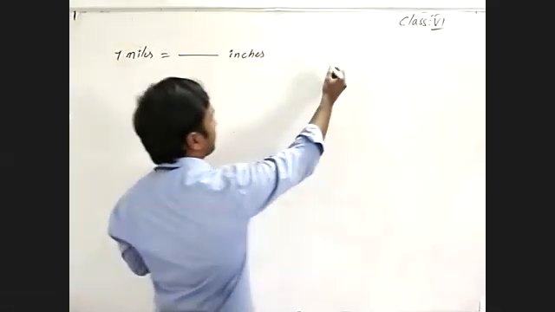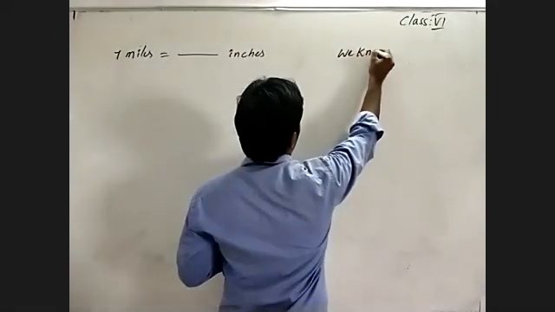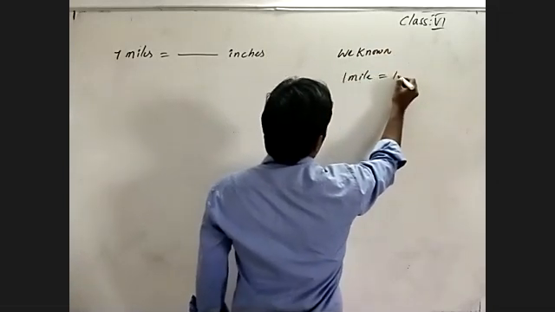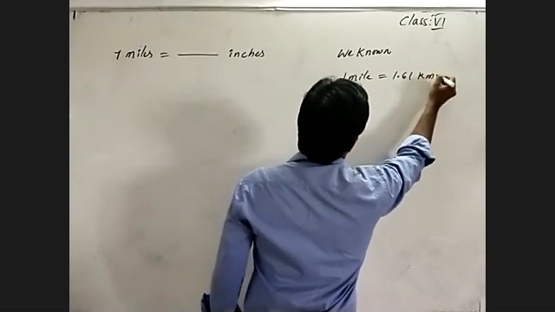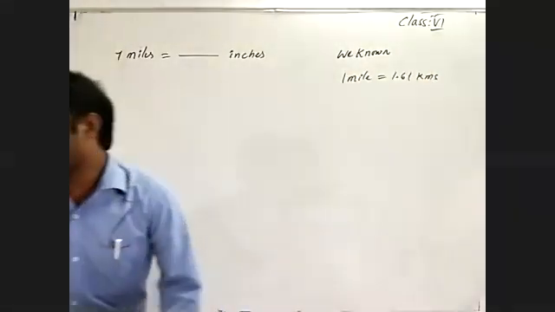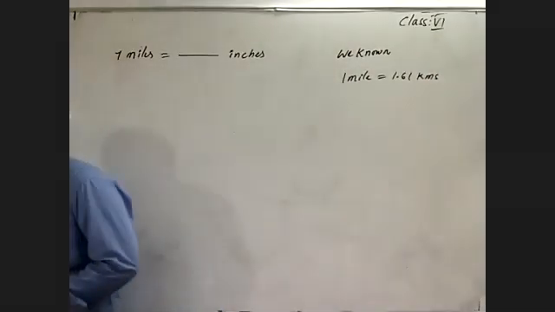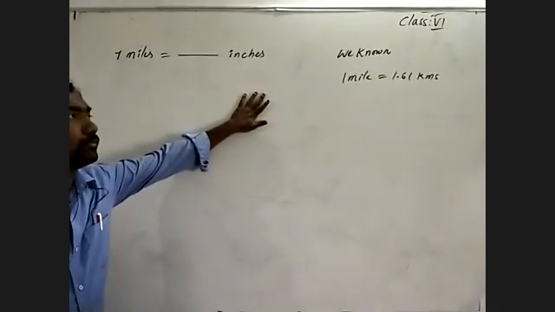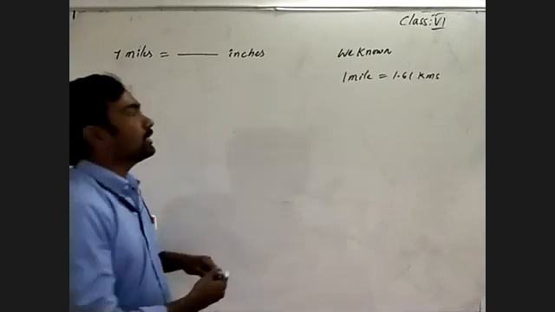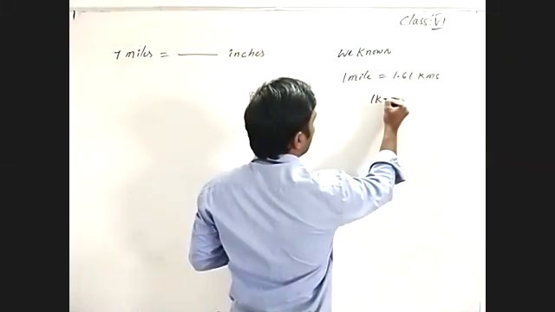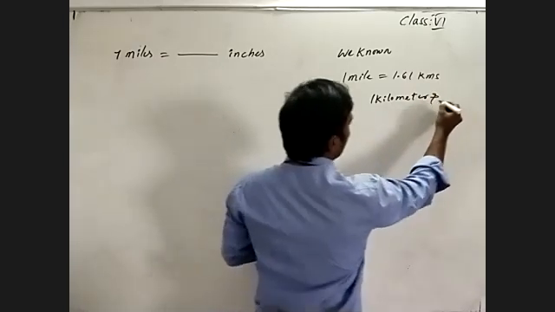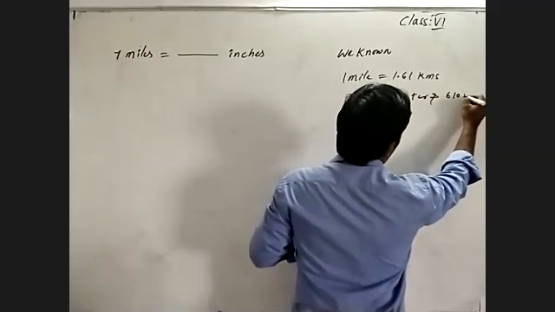So we know that 1 mile is equal to 1.61 kilometers. 1 mile is equal to 1.61 kilometers, which means we can say 1 kilometer and 610 meters.